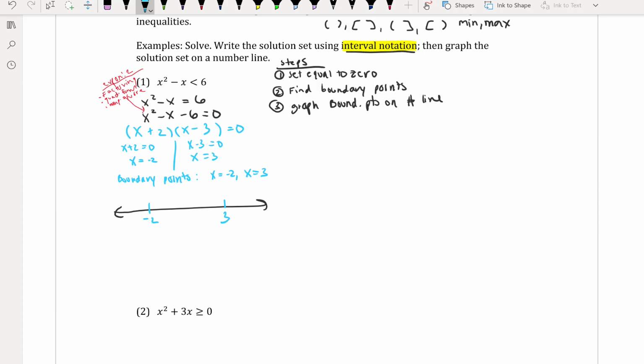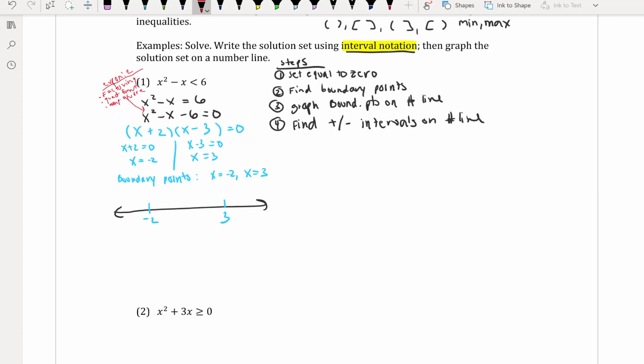I know at these specific values, this is when the equation is going to be 0. So now I want to see what's going to happen in the intervals. So find positive, negative intervals on the number line.